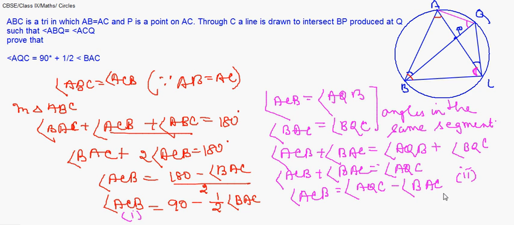I'll carry this forward to the next screen and write the equation. So what do we get? We get angle AQC, sorry, minus angle BAC to be equal to 90 minus half of angle BAC.